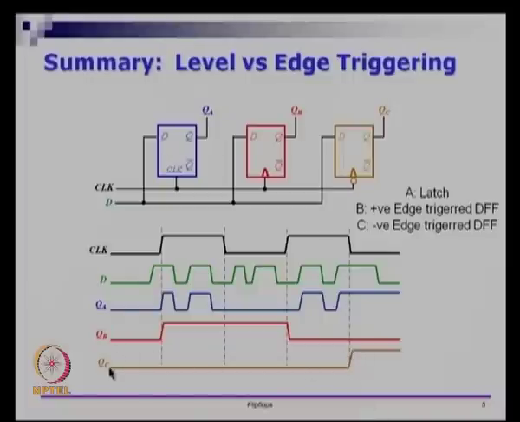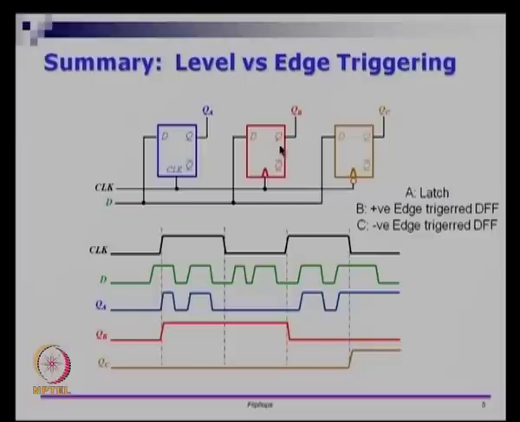So, QB and QC are themselves different, and QA is of course different from QB. In fact, QA and the master latch of this red flip flop will have the same waveforms.